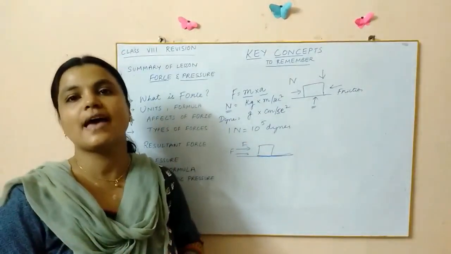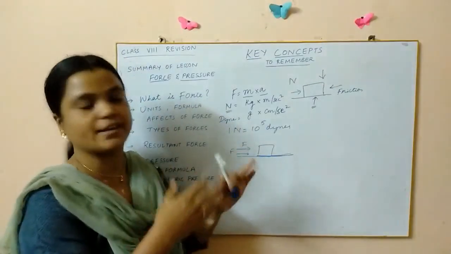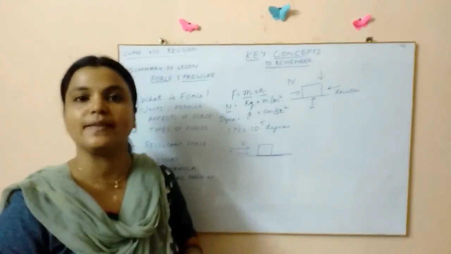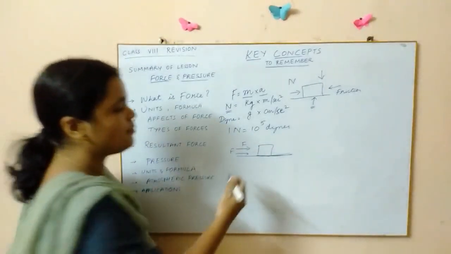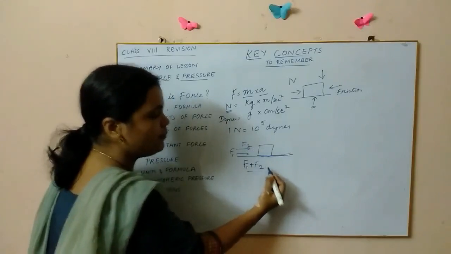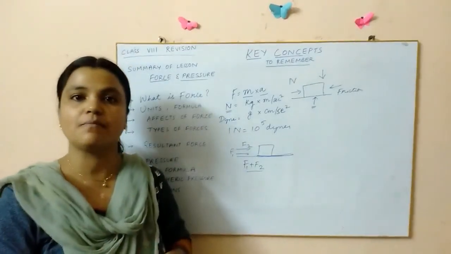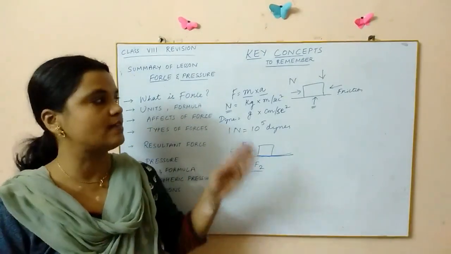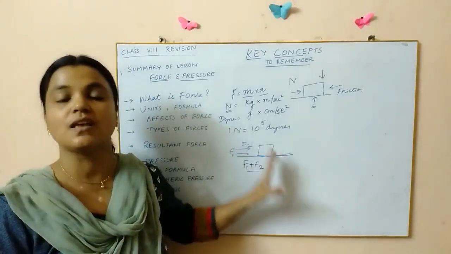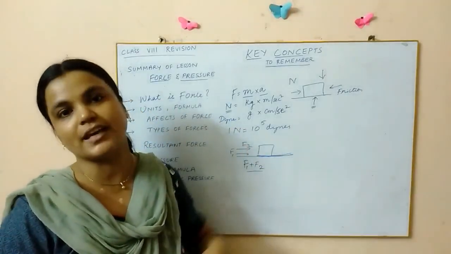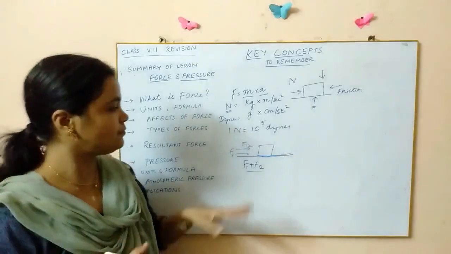When two forces act in the same direction, the resultant force experienced by the block is nothing but the sum, F1 plus F2. Say for example 10 newtons and 20 newtons. Together it becomes 30 newtons and the block moves in the direction of the force, right?